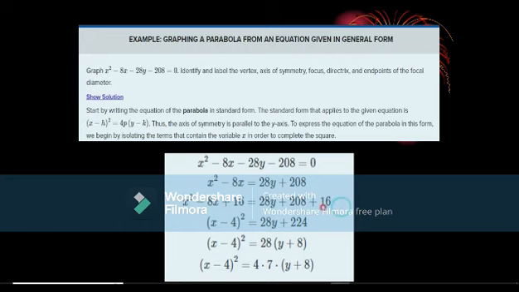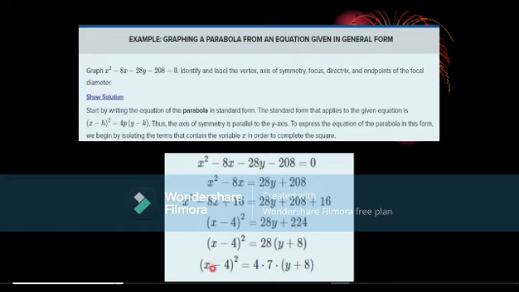Since it's already a perfect square trinomial, it can be factored as (x minus 4) squared is equal to 28y plus 224, since 208 plus 16 is 224. Then (x minus 4) squared is equal to, the greatest common monomial factor between 28y and 224 is 28. So 28y divided by 28 is y, and 224 divided by 28 is 8.